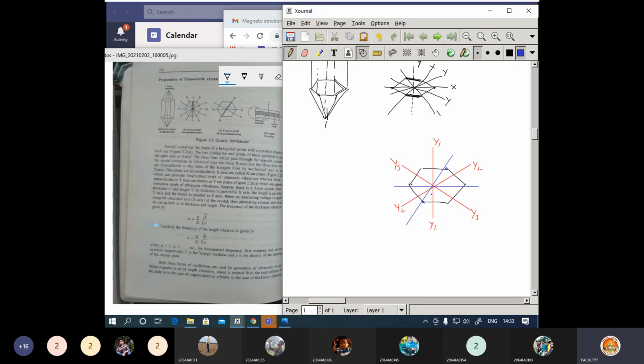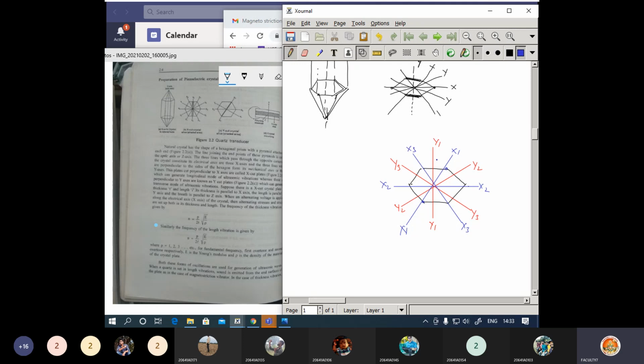Between these two, and here one more pair between these two. So in total there are 3 x-related axes and 3 y-related axes. Mark this as x1, this as x2, this as x3. Same at the end of this, mark this as x1 here, this as x2, and this gives x3.